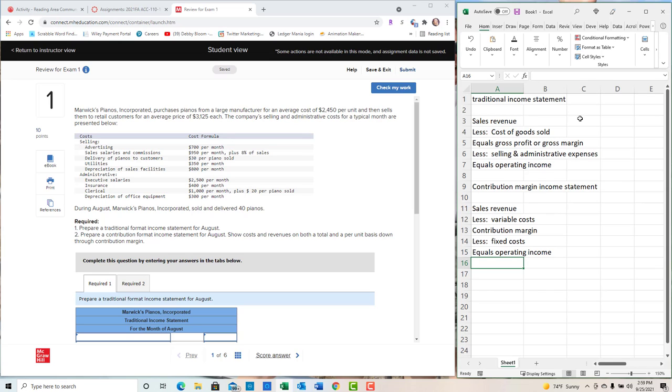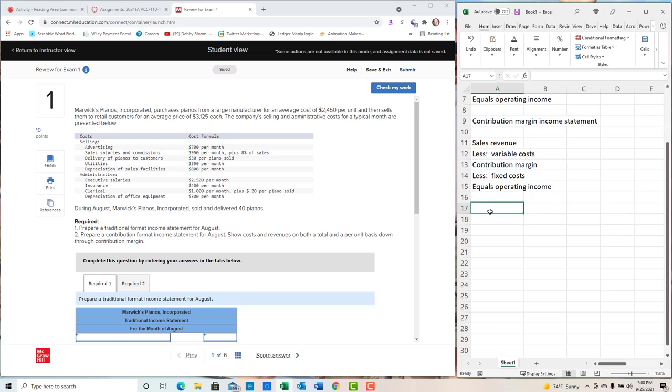Later in the semester, when we do cost volume profit analysis and when we do flexible budgeting, we're going to find that for those tasks, a contribution margin income statement is much more useful than a traditional income statement. So let us move on with the problem.